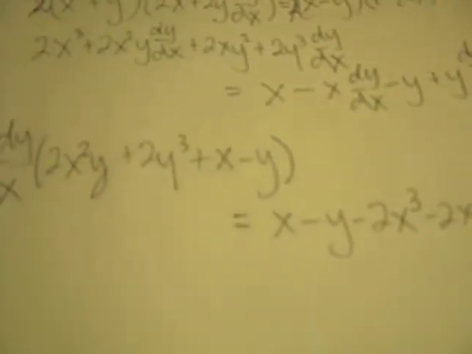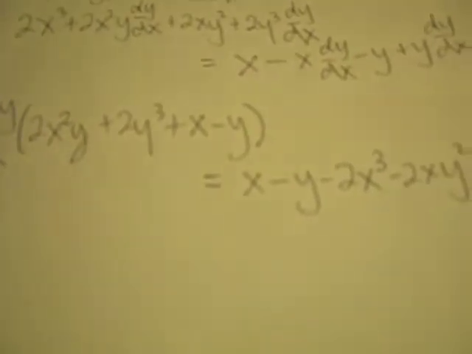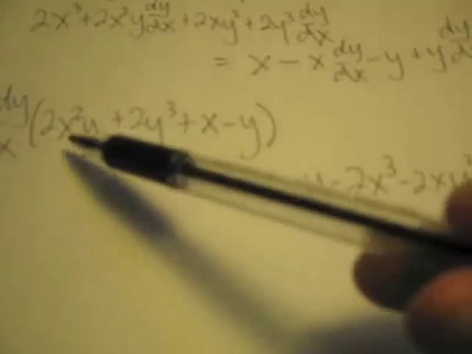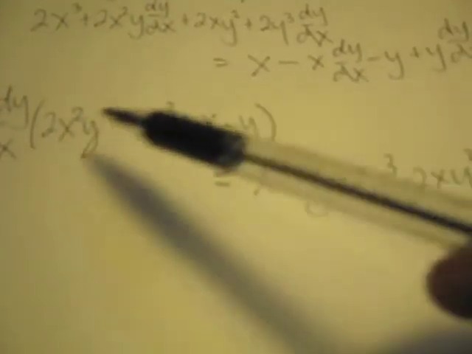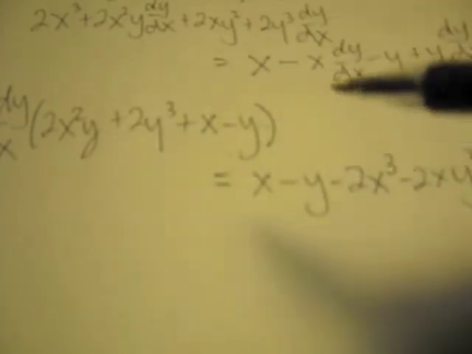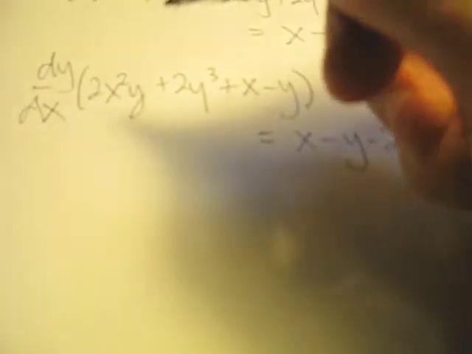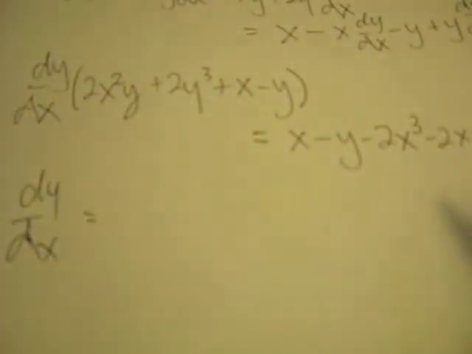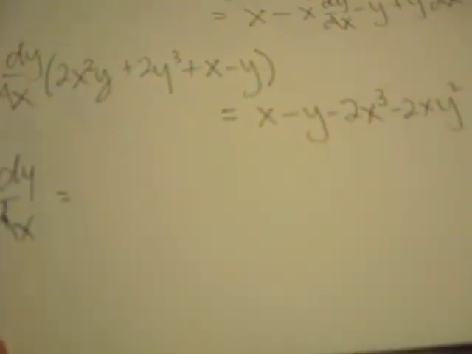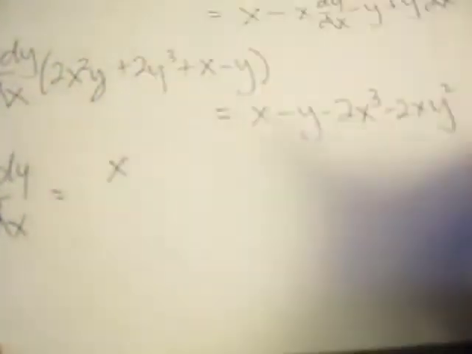Now to put this together, what we're going to need to do is take this factor and divide both sides by this factor so we can get dy/dx by itself. So, to do that, dy/dx is going to be equal to, the right side, we can use that as the numerator.